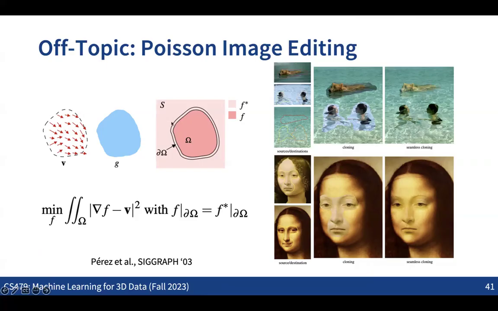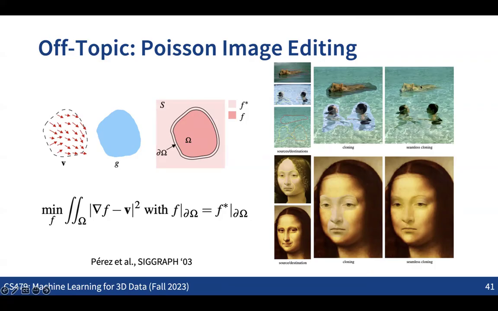As you can see here, we are fixing the color values at the boundary of the foreground region, while filling in the values inside this region in a way that its gradient is aligned with the gradient that we have from the other image.